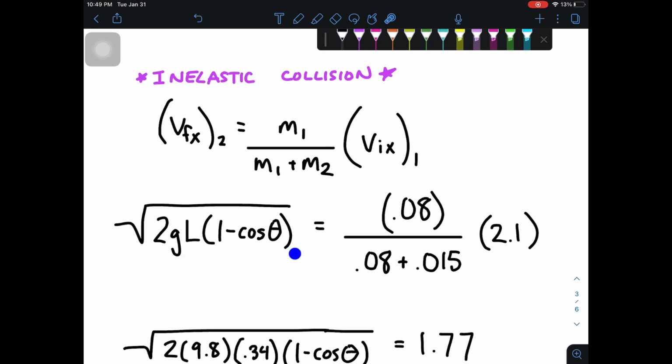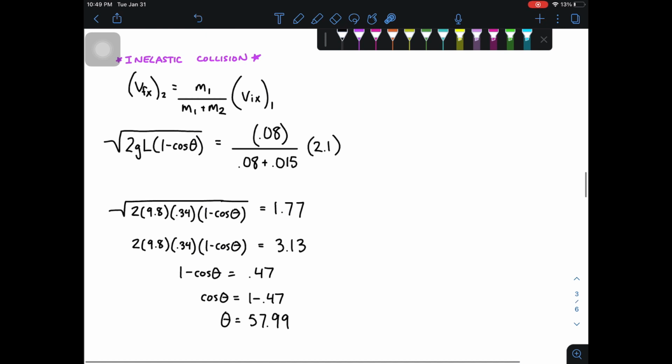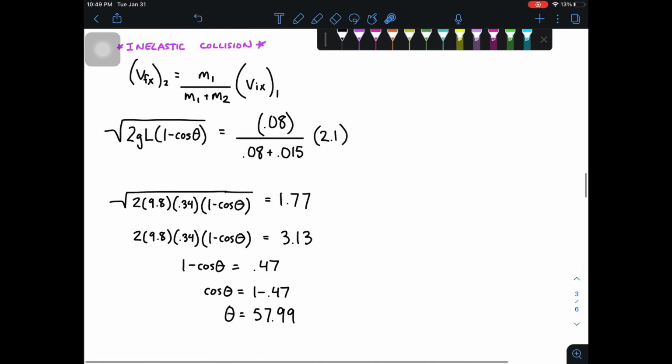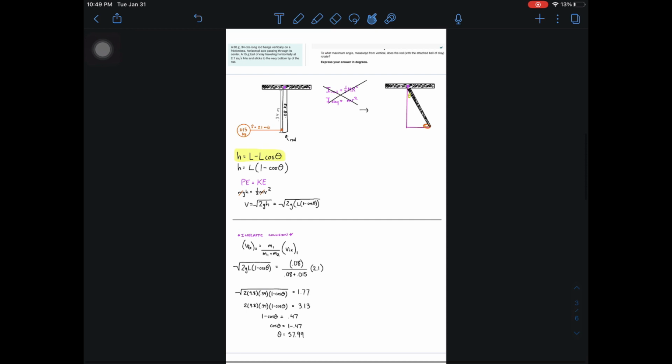The final velocity is the velocity that we just solved for up here. And so what we'll get is this giant equation where the only variable that we don't know is theta. So we'll plug in 9.8 for g, 0.34 meters for the length, and we'll see that theta is 57.99.